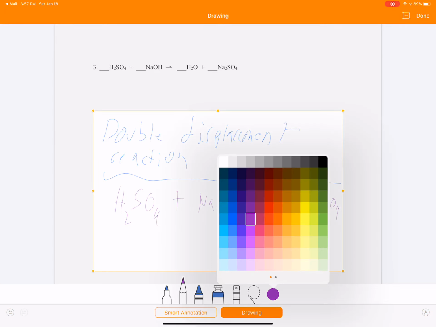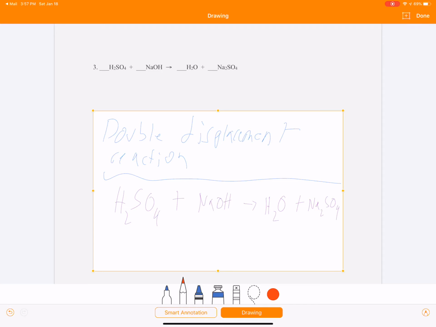Okay, so let's check if it's balanced. We have 2 hydrogen, okay, 1 sulfur, oh, but the sodium is off. Okay, so what I think the easiest thing to do here was to balance the sodium first. So I'm going to put a 2 there to balance the sodium. Now I have 4 hydrogen on the left side and 6 oxygen on the left side as well.